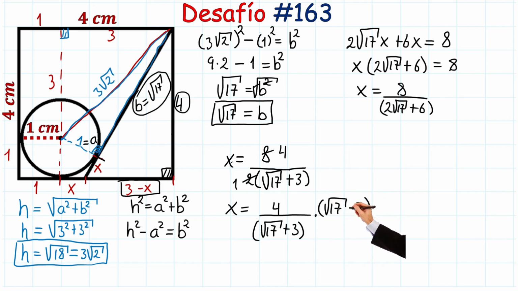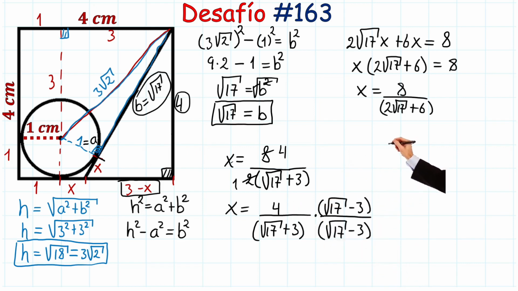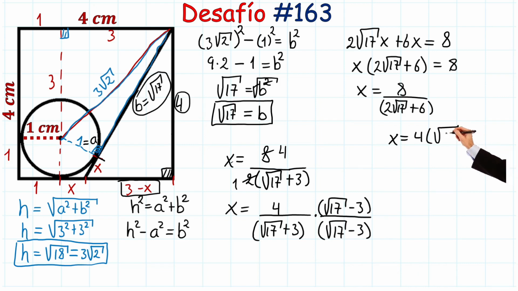This is rationalizing. As we multiply by this term, we must also multiply by the same term, and we'll see why. So what do we have left in the numerator? We have x equals 4 times the square root of 17 minus 3 over this.